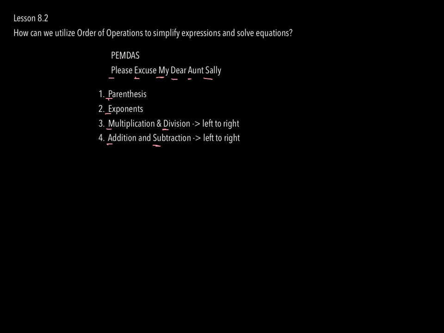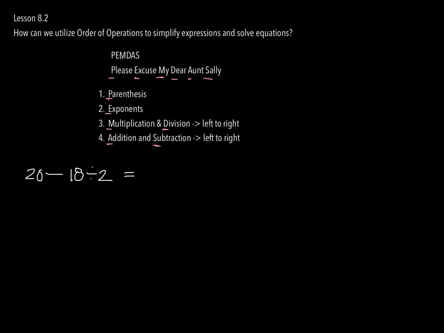Okay, now what does it mean? How does it look? What do we do? Well, let's look here. If I have 20 less 18 divided by 2, how would we solve that? Well, the first thing we have to do, ladies and gentlemen, is check: any parentheses? No. Any exponents? No. Multiplication, division? We have division.